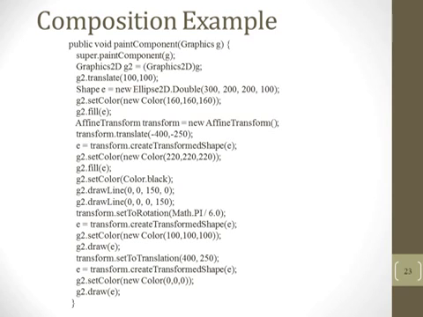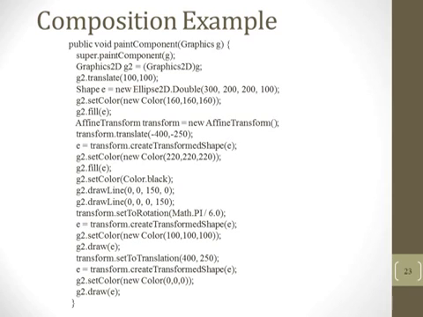So first we create the ellipse at 300, 200 with width 200 and height 100. Then we set the color to 160, 160, 160, and then we draw and fill the ellipse.